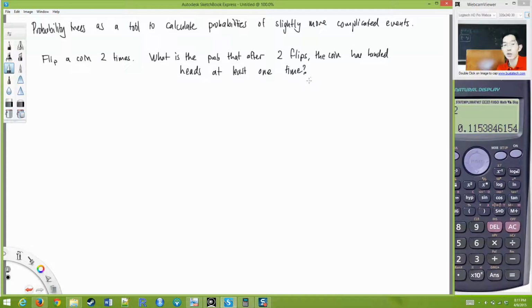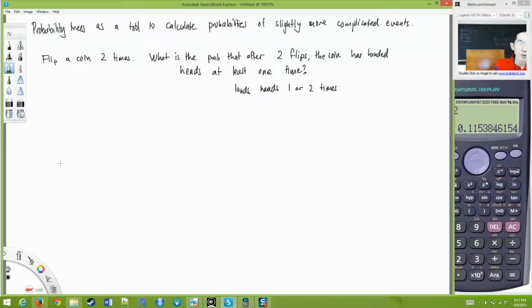Okay, so at least 1 time means it landed heads what? Once or twice, right? Because at least once is 1 or more, and if we're flipping it 2 times, then 1 or more means 1 or 2. If we flip it 7 times, then it's 1 through 7. So this means lands heads 1 or 2 times.